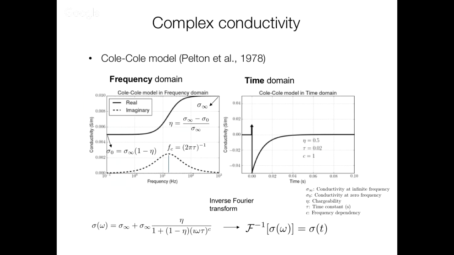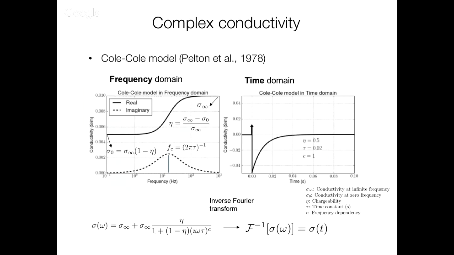So it's really the magnitude of the difference in the conductivity at really low frequencies and really high frequencies that establishes what that parameter eta is. And here's the representation in the frequency domain. In the time domain, the response function now looks like this.